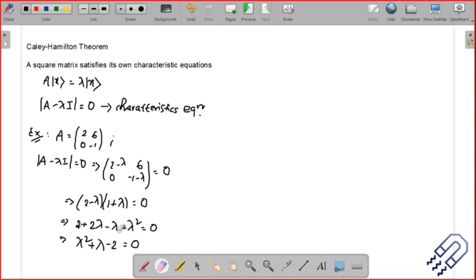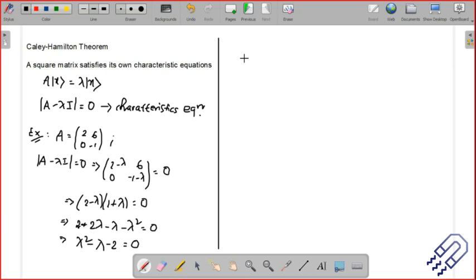That's the equation we have to write down. We have just taken out the minus common and divided on both sides. So this is the characteristic equation that we have here.